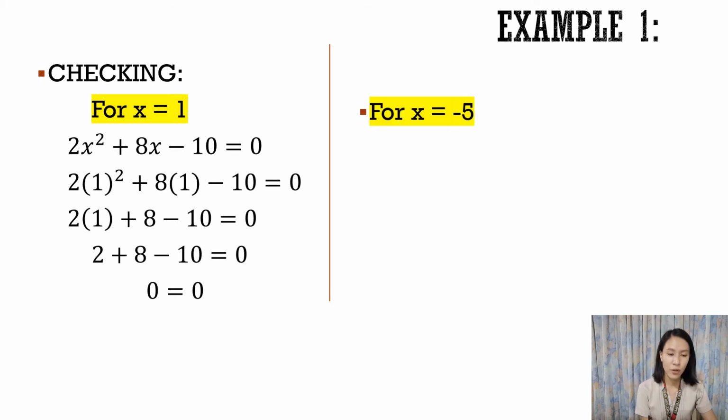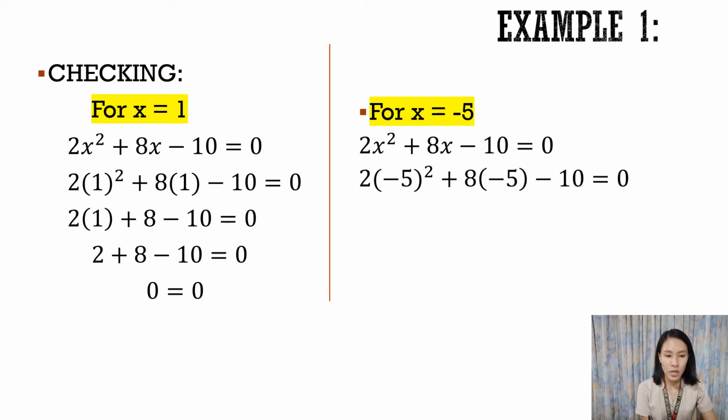For x is equal to negative 5, substitute that to the given equation, 2x squared plus 8x minus 10 is equal to 0. By substitution, the equation will become 2 times negative 5 squared plus 8 times negative 5 minus 10 is equal to 0.